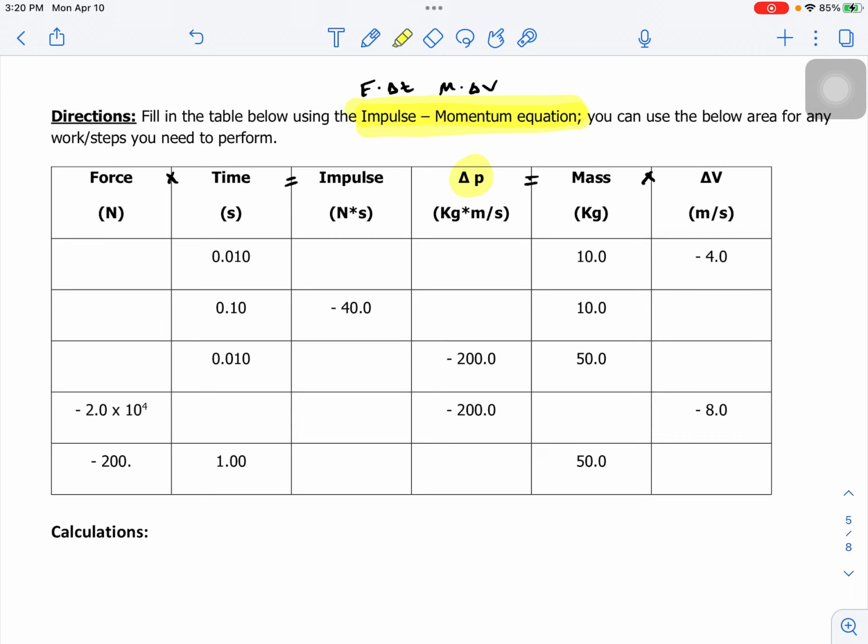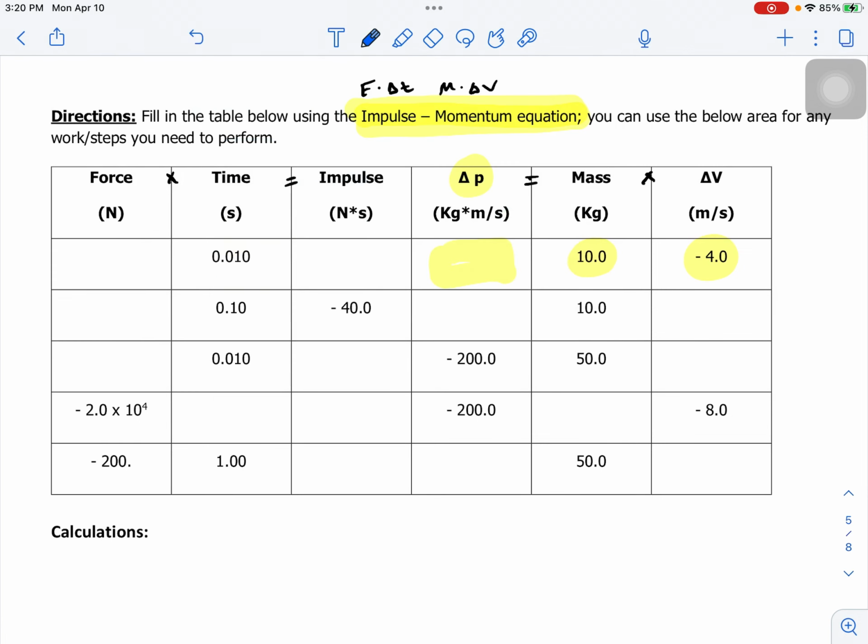You would take the mass times the change in velocity. So if I wanted to fill in this square for the change in momentum, I'm going to take the mass, 10 kilograms, and multiply it by the change in velocity. Now this means that it's slowing down because you have a negative value there. So it's okay to have negative values here. I think I'll use blue here.